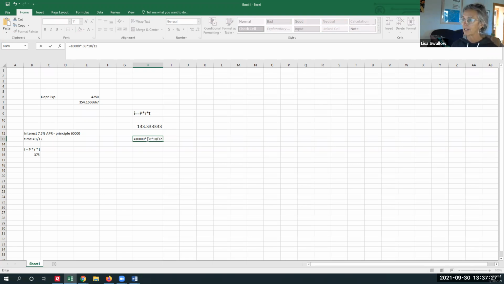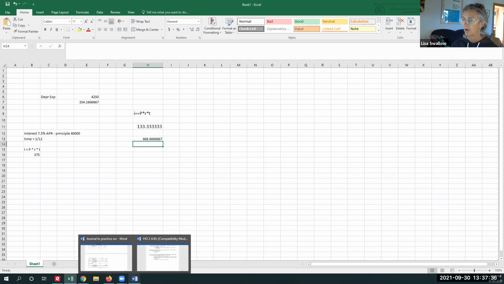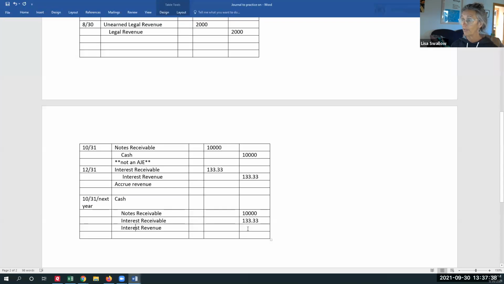It's 10 months. So I have $666.67 of revenue in the current year. So what's Tam paying me? 10 grand, 2 months from last year, 10 months from this year, which is the 1 year of the note. She's writing me a check for $10,800.